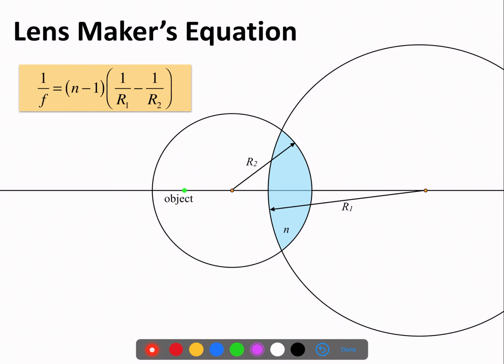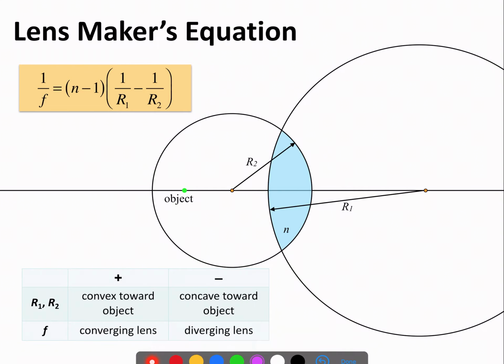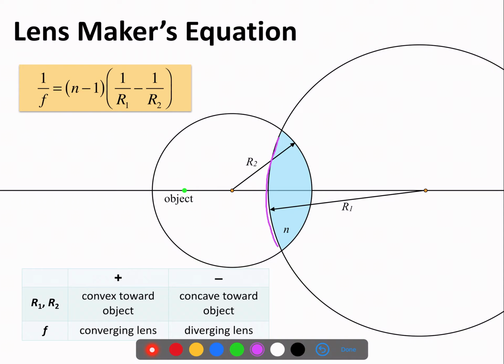And the only other thing to remember is the signs. For the radii, if you're convex toward the object, like for instance this is convex towards the object, that means radius 1 would be considered positive, okay? And for radius 2, it would be concave, meaning sort of circular towards the object, like a cave going around the object.